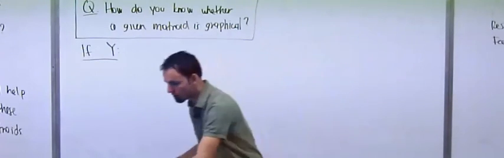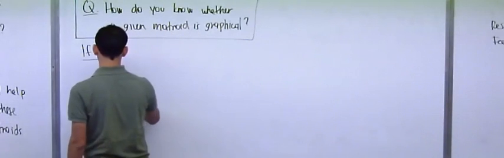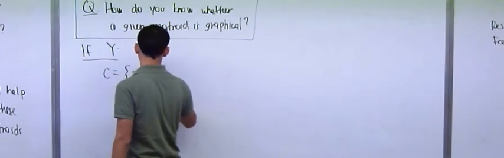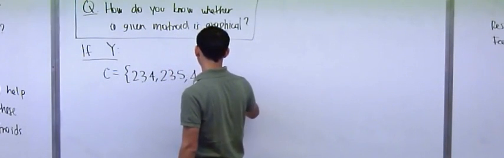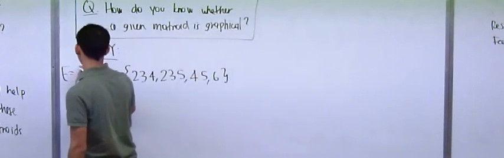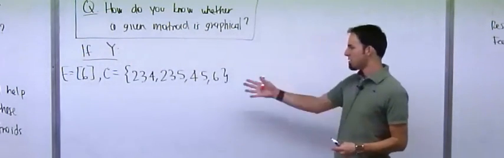So, for example, let's say that I give you this collection. I tell you that the ground set is 6. The circuits are these. And I ask you, is this a matroid?